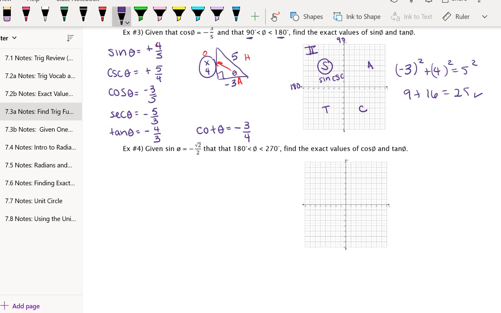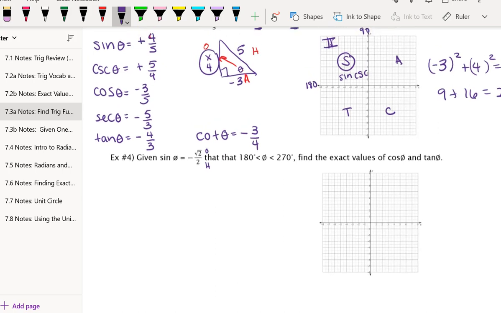So now I'm telling you that sine of theta is negative root 2 over 2. So again, sine is opposite over hypotenuse. Okay, 180 to 270. Well, here's 180 degrees. Here's 270 degrees. So we're in quadrant 3. All students take calculus. T, that's tangent, and cotangent are positive.